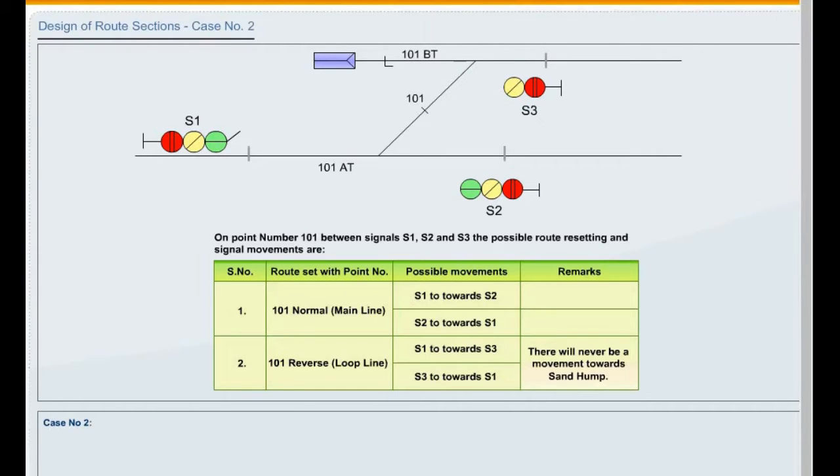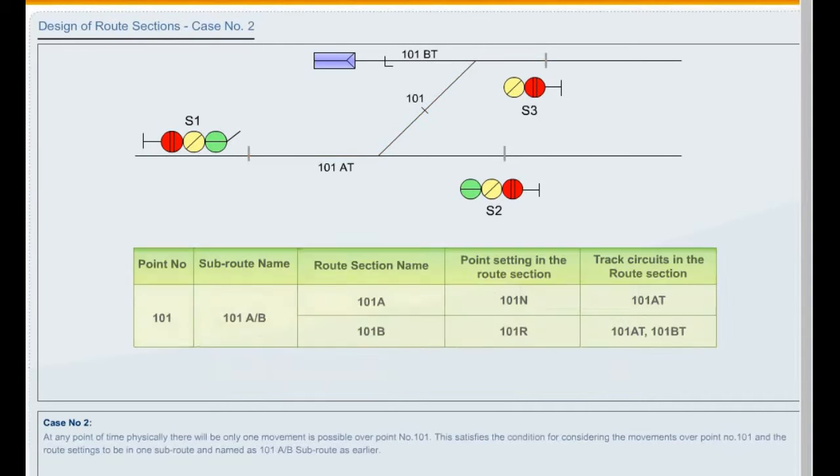Number 2. On point number 101 between signals S1, S2 and S3, the possible route setting and signal movements are: at any point of time physically, only one movement is possible over point number 101.